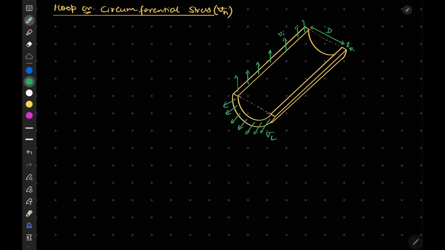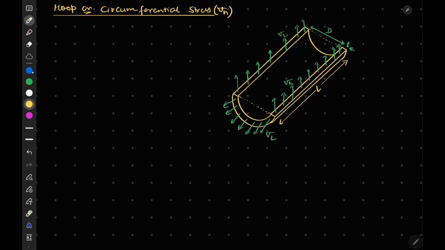This is sigma H. Similarly, on this plane also there will be sigma H, and the length of this vessel is L.